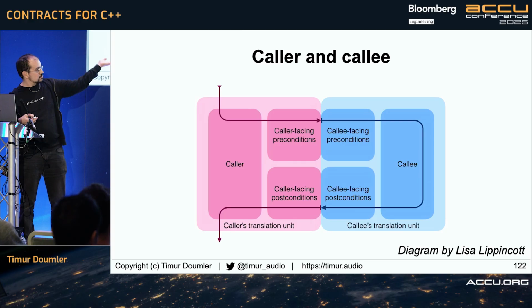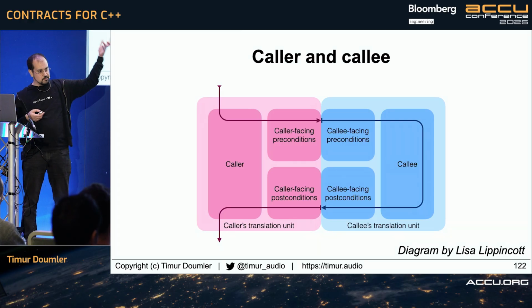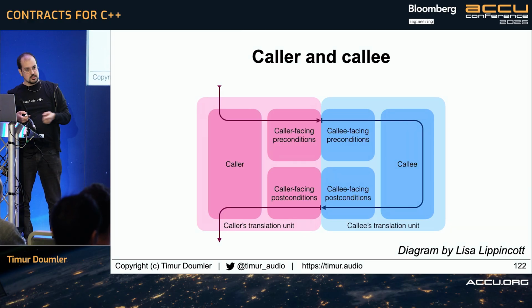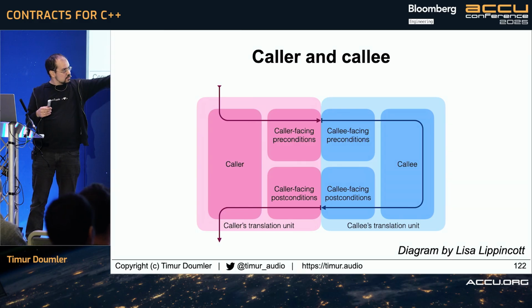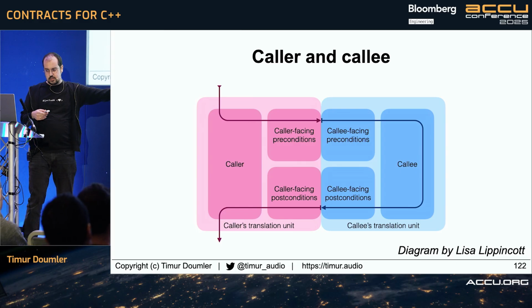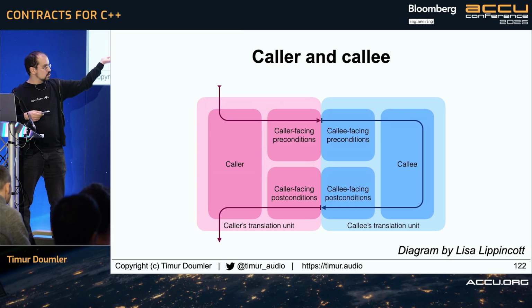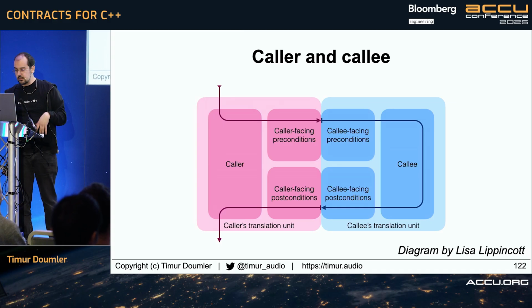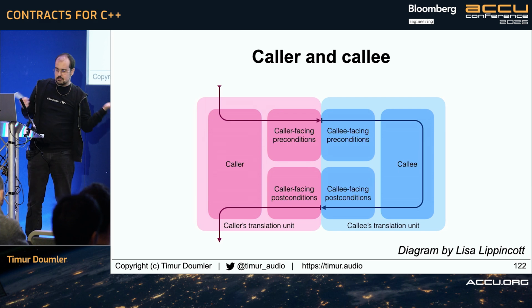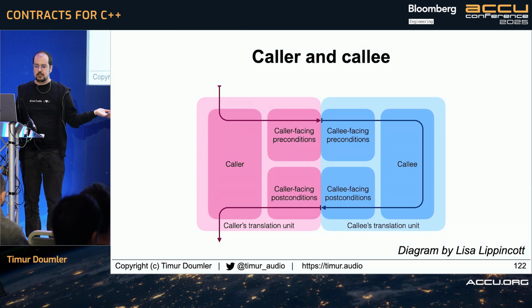But of course, in practice, because it's C++, it looks like this. We have a caller's translation unit and a callee's translation unit. You compile them independently. And so you might compile a callee translation unit with or without checks on, and you might compile a caller's translation unit with or without checks on, and checks could be either on the caller side or on the callee side. We don't really prescribe that in the standard because both of them have important use cases, right?